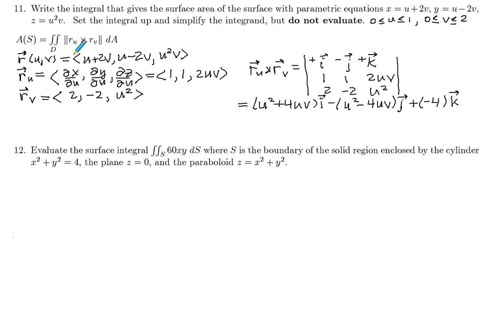And now we need to calculate the length of that guy. So the length of r_u cross r_v. And this is just the square root of the sum of the squares of the components.